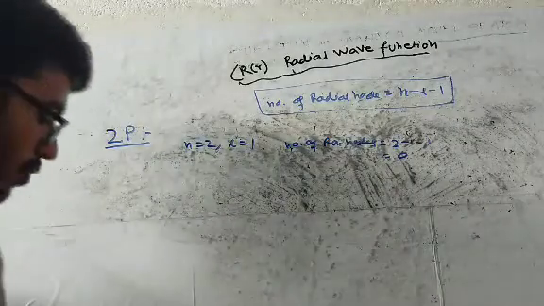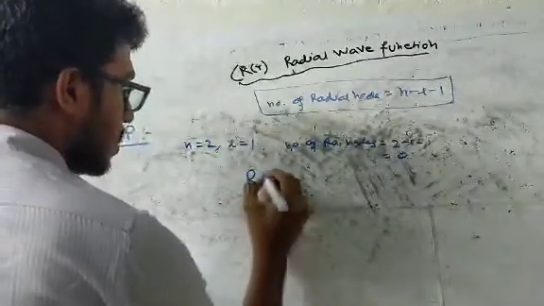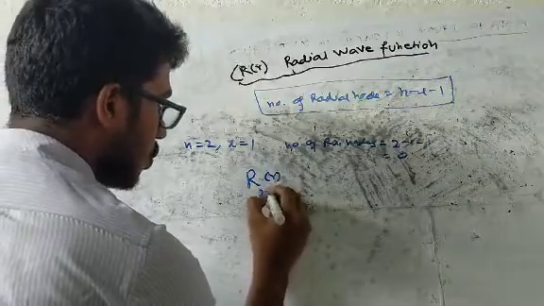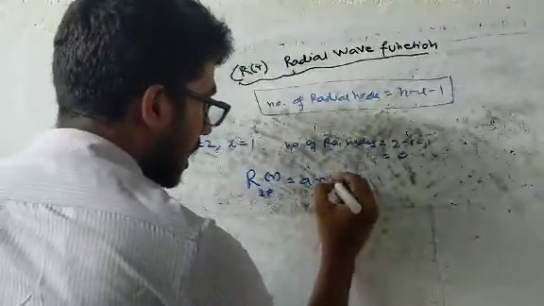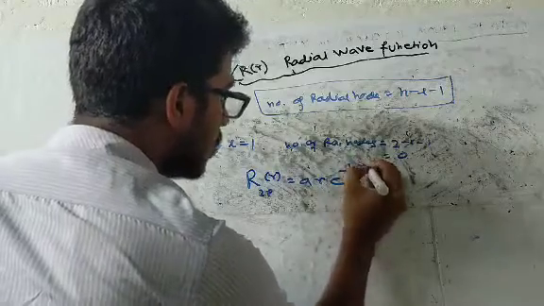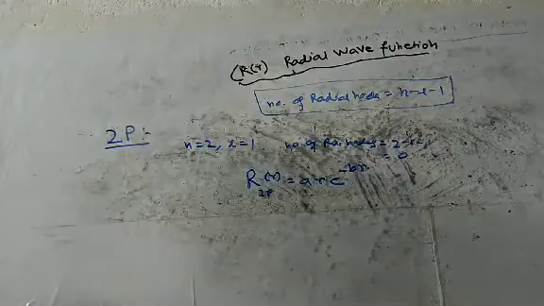Now, what is the equation form of the radial wave function for 2p? R(r) for 2p equals a constant a times r times e to the power minus br. Look at the equation.